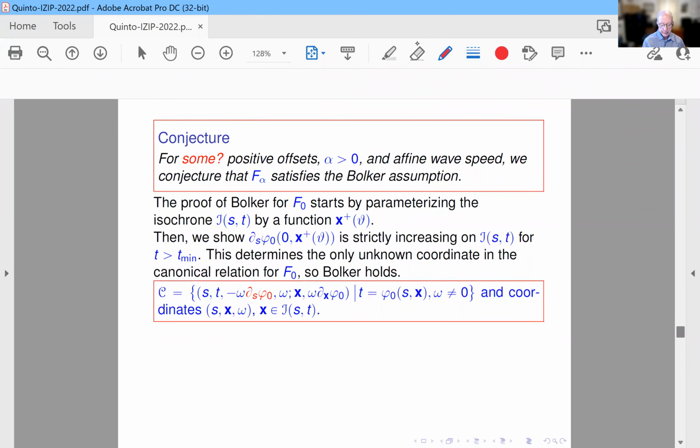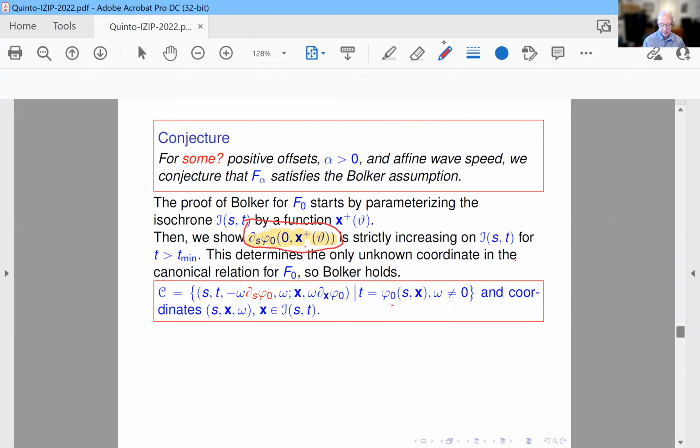Then we show that the derivative in s of phi 0 at x plus is strictly increasing. Now, I claim, at least if t is greater than t min, this determines the only unknown coordinate in the canonical relation.